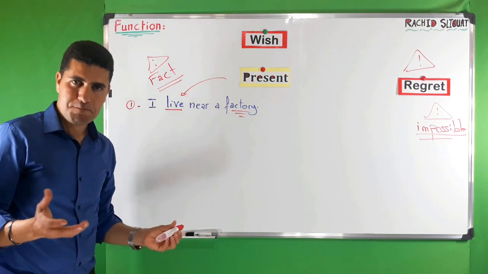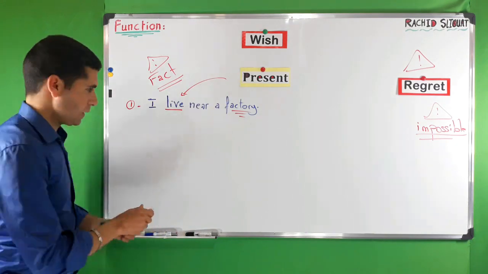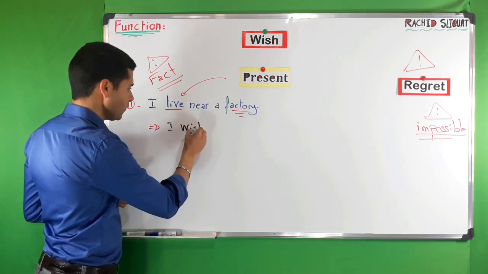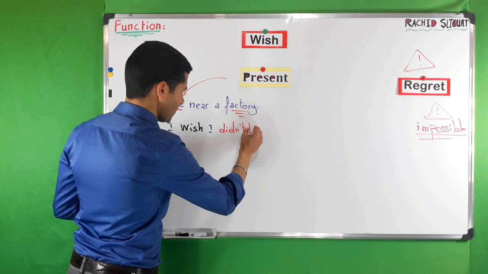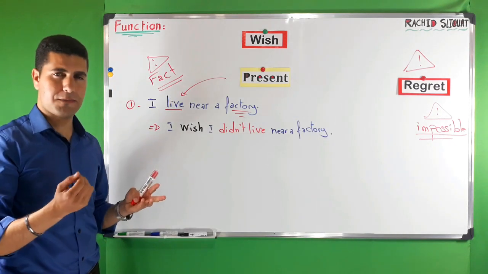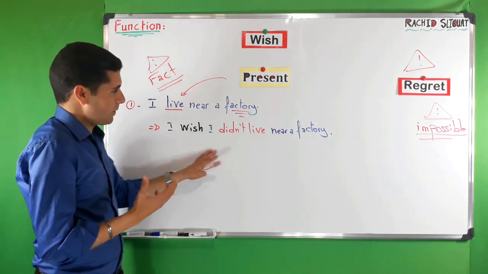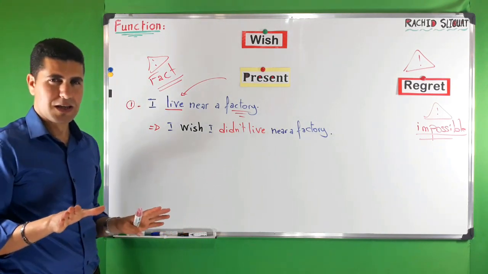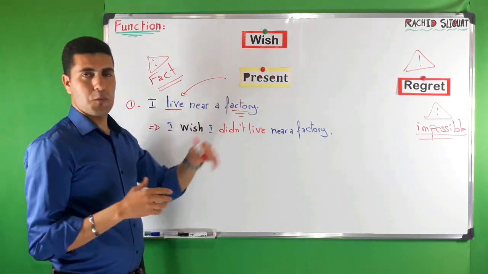Now what can we say if we want to express a wish here? Very simply, we can say, for instance, I wish I didn't live near a factory. So when you say this, it's as if you regret living near a factory, okay? But this is actually a wish, alright?